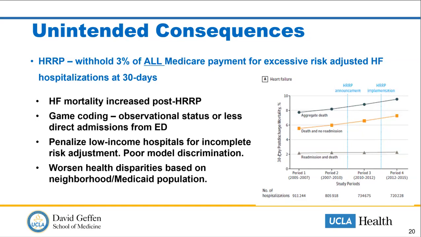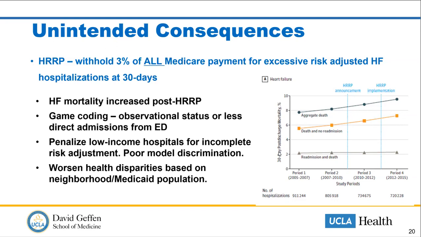Maybe we can reduce that rate if we withhold 3% of all people's Medicare payment, and then risk adjusted, and people who have lower readmission rates will get more money. And so you pay more for something, you're going to get better quality. That was the principle. That's going to work.